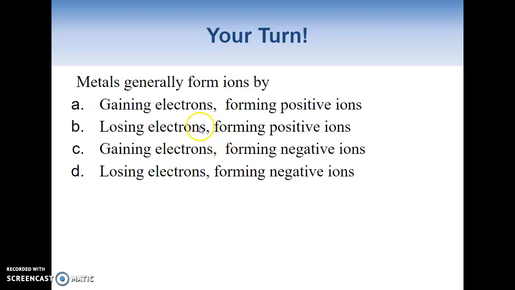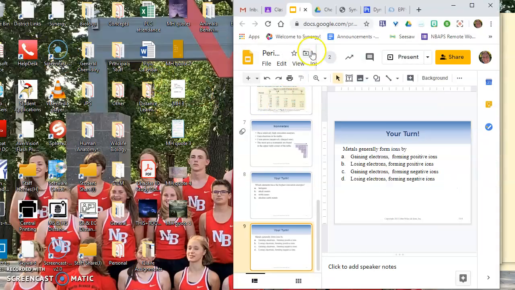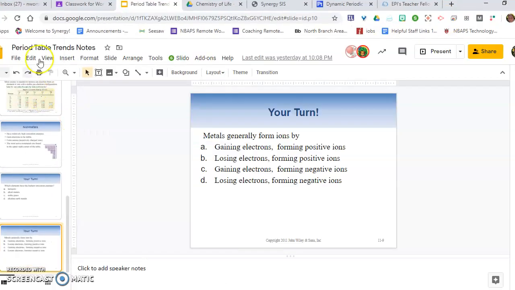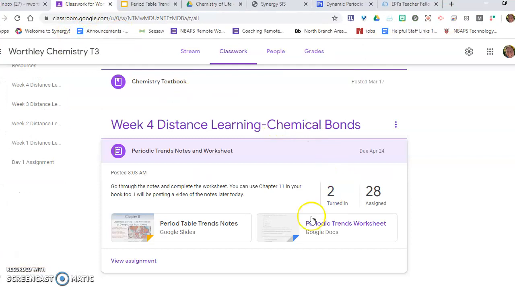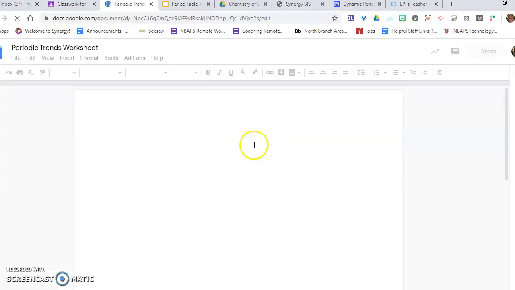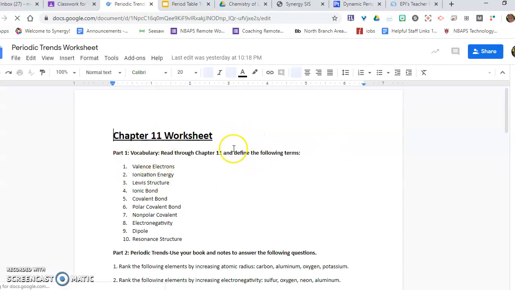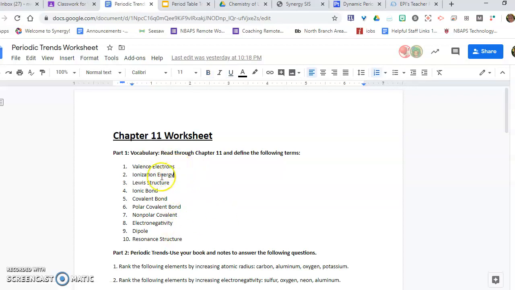Alright, that's it for today for the notes. If you guys go back into the classwork, your periodic trends worksheet, there's some vocabulary. Some of them were in the notes, but really just one of them was in the notes.